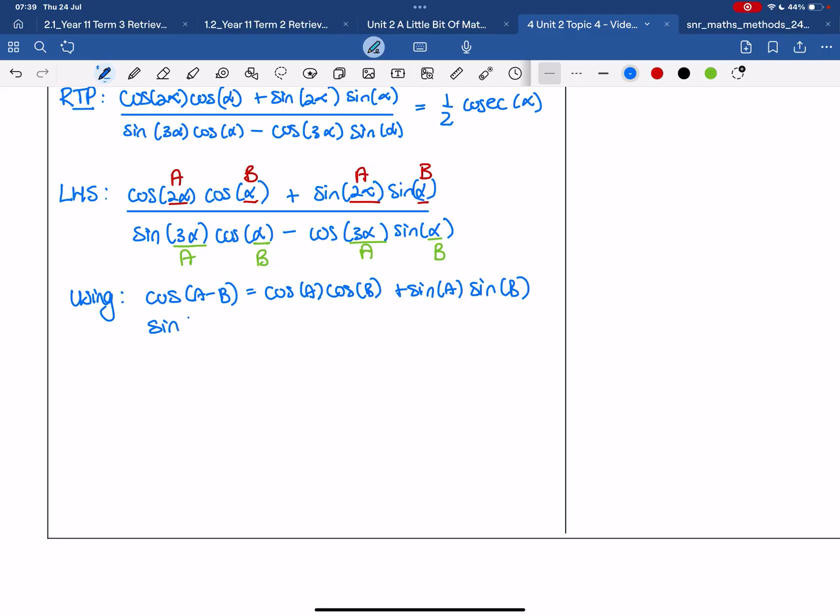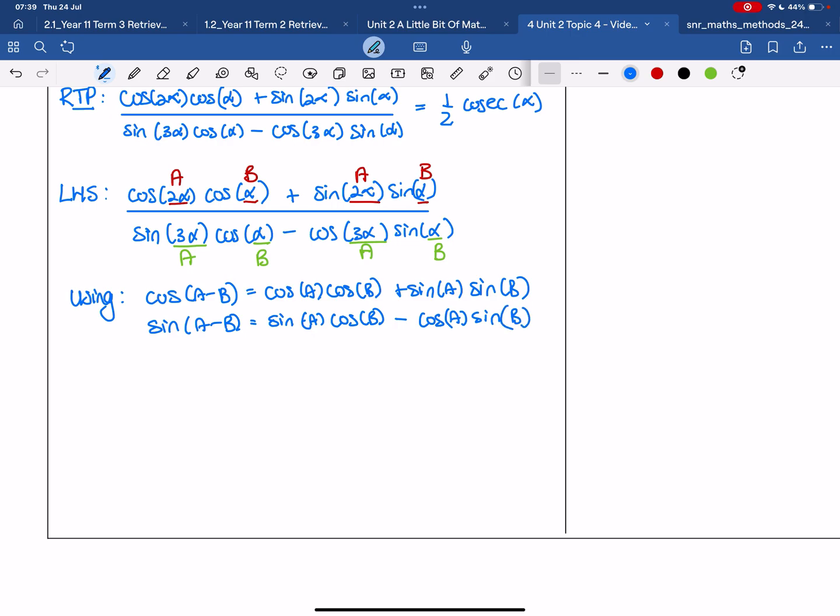So sine of A minus B is sine of A cos of B minus cos of A sine of B.